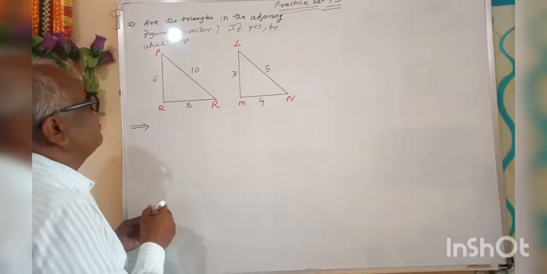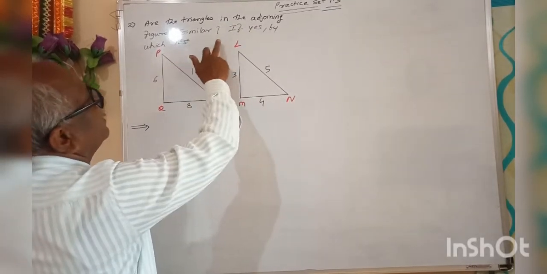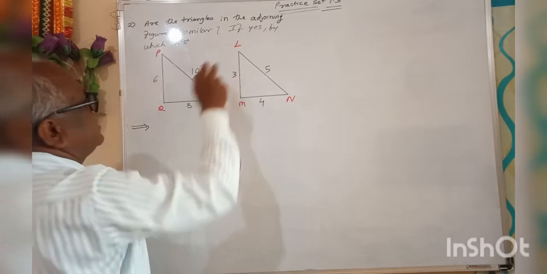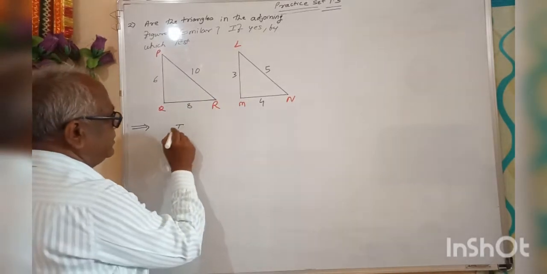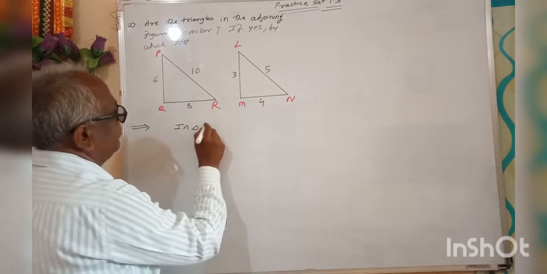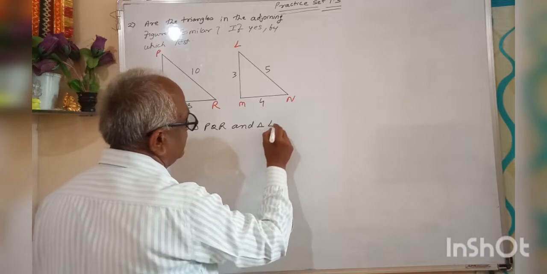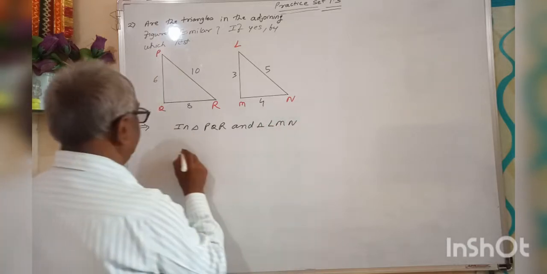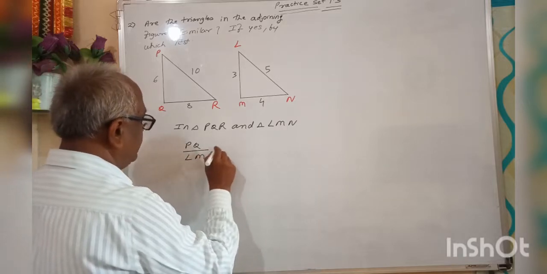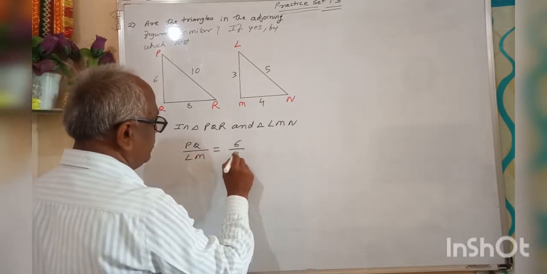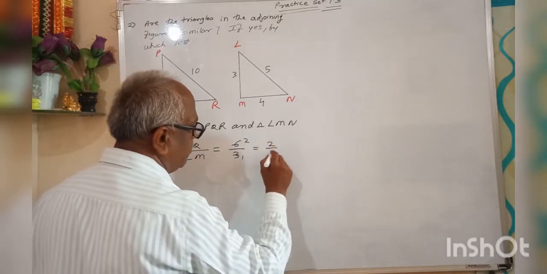Now, second example. Are the triangles in the adjoining figure similar? If yes, then by which test are they similar? The figure is given. Now, in triangle PQR and triangle LMN, PQ upon LM is equal to 6/3, that is, 3 ones are 3, 3 twos are 6, that is equal to 2/1.